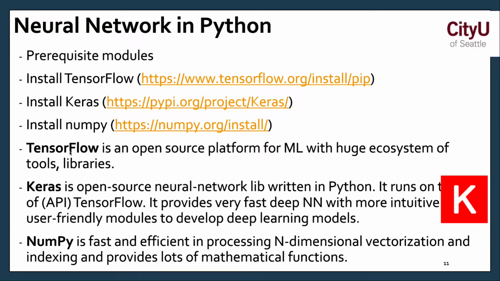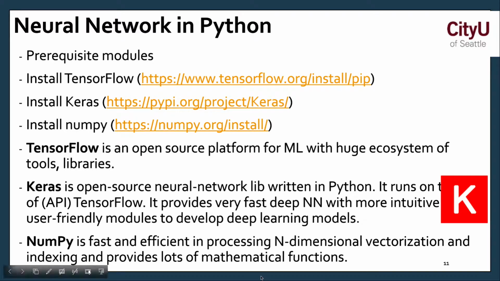TensorFlow is basically an open source platform for machine learning with a huge ecosystem of tools and libraries. Next we have Keras, which is open source as well. It's a neural network library written in Python. It runs on the API of TensorFlow, which means that you would have Keras, and underneath the hood, it uses TensorFlow.